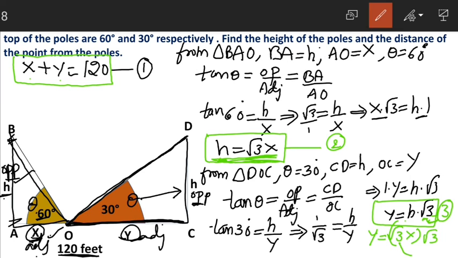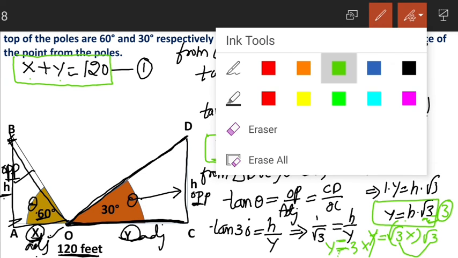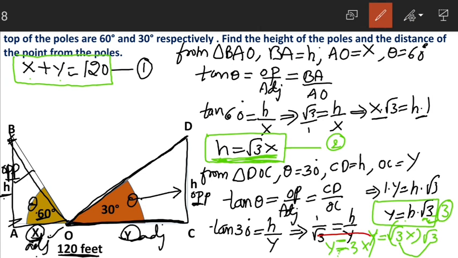Then root 3 into root 3 becomes 3. So y is equal to 3x. From this simplification we get y is equal to 3x. Let it be equation 4.